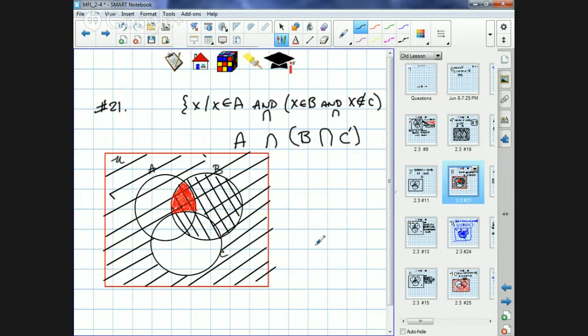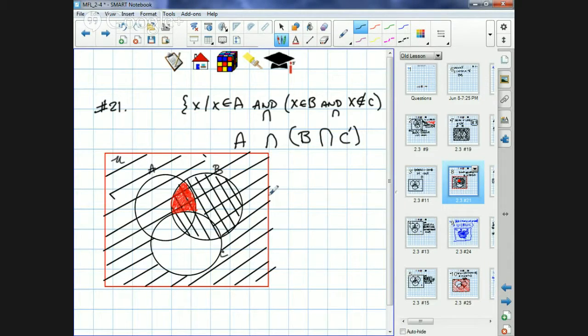I started with the part in parentheses, which is everything outside of C, which is the shading, and I overlapped that with B. So I filled in B with this angle. And where do they overlap? Where the cross-hatching is.